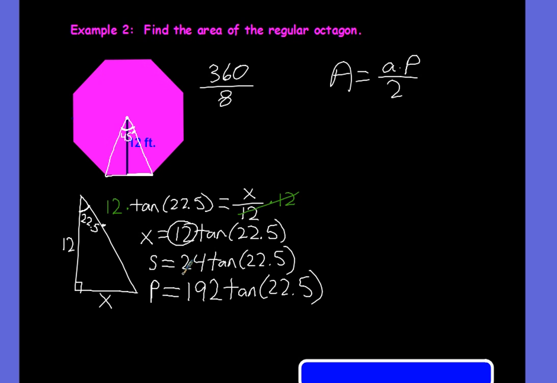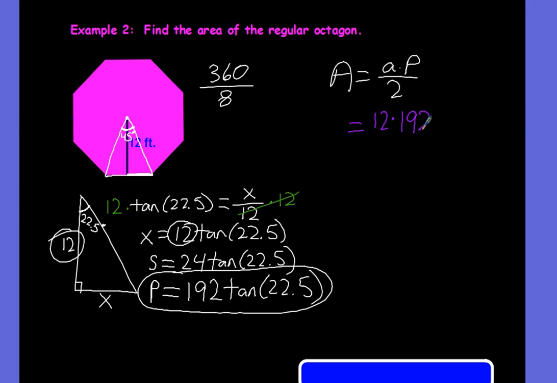Okay, now we have an expression for our perimeter. We know our apothem is 12. We can plug all of this into our area formula. Okay, so going back over here, my apothem is 12 times my perimeter, which is that long thing, 192 times tan 22.5. And that's all divided by 2.